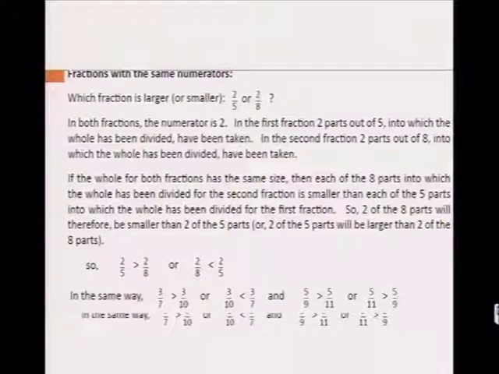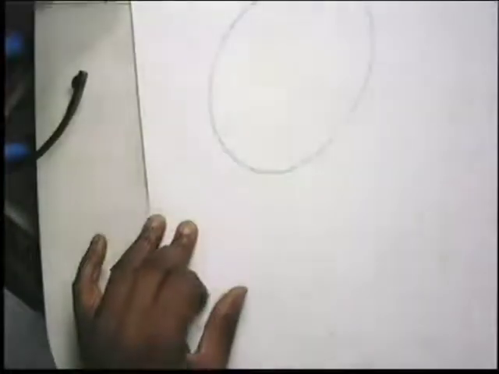Let's go to this. This is another problem I realized for you when writing your test. When a value is written in fractions, people don't know which one is bigger. But let me give you an idea that will help you. This is an orange.